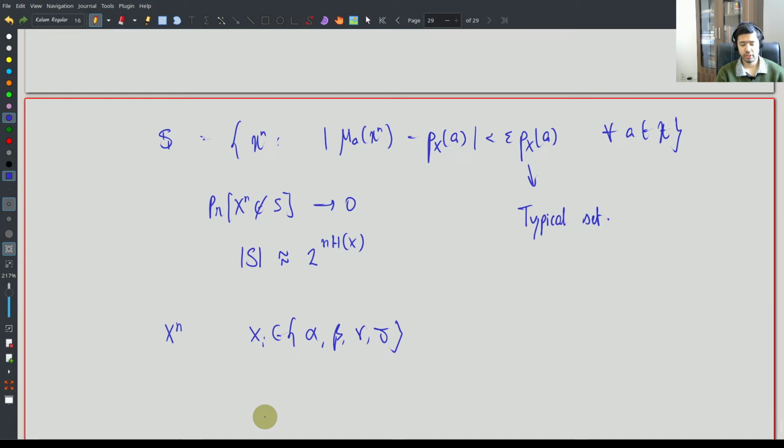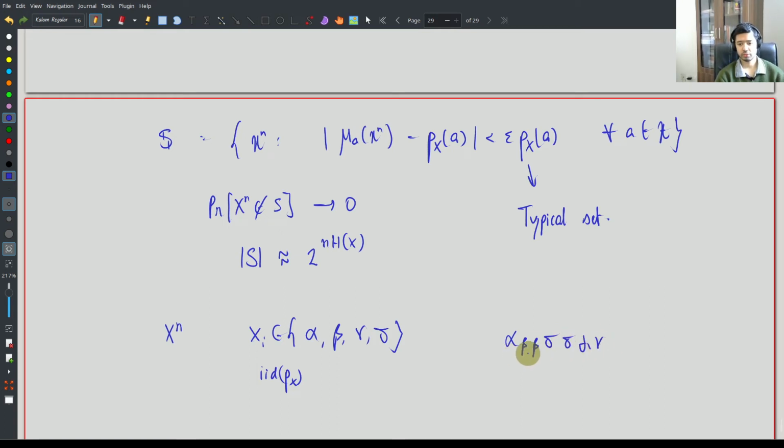If n is large, then roughly how many alphas do you expect to see in the sequence? Let us assume that the sequence consists of alphas, betas, gammas, and deltas. This is my alphabet. So a sequence looks like alpha, beta, beta, delta, delta, alpha, gamma.